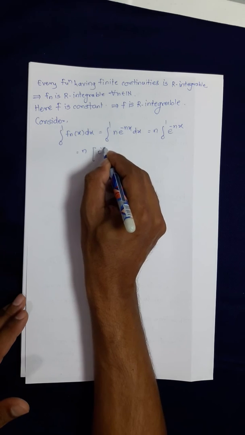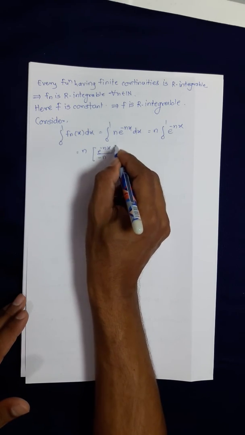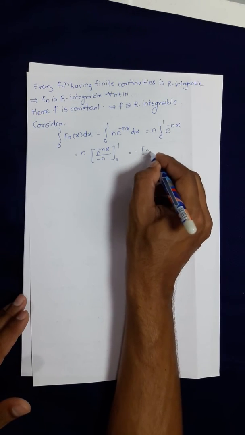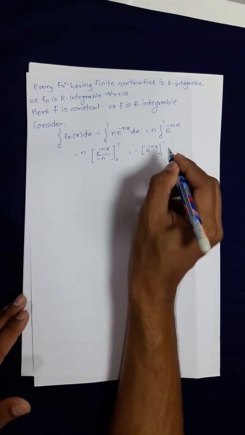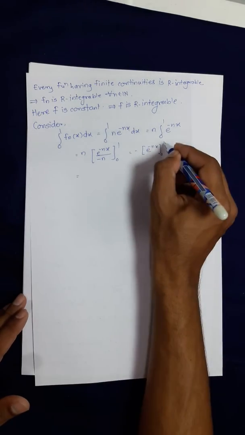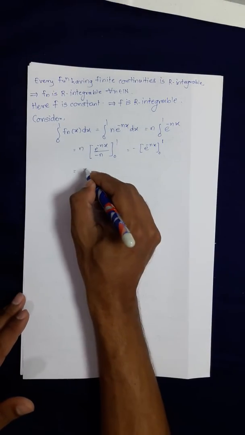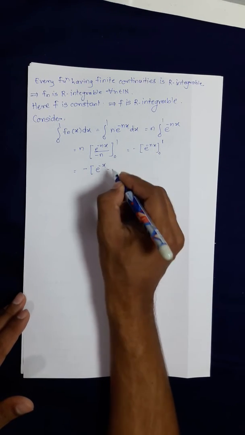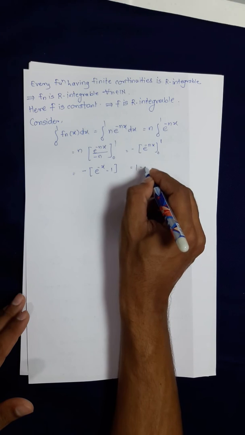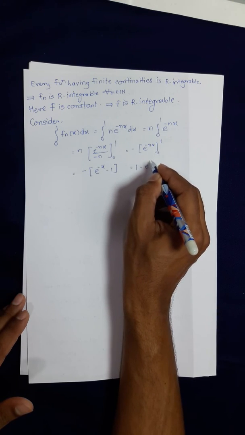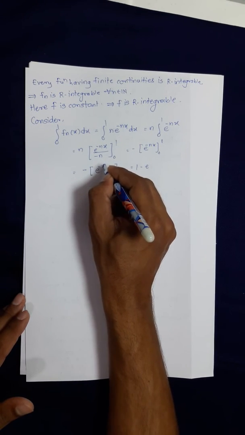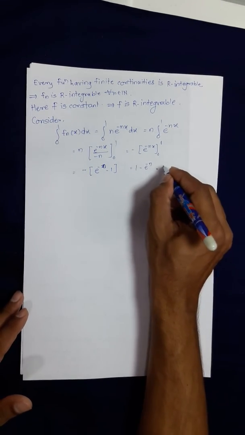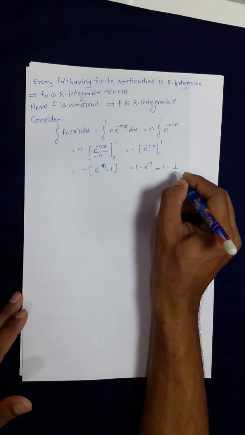Yes, e raised to minus nx upon minus n, from 0 to 1. n will get cancelled, minus will come outside. Let us put 1 first, so e raised to minus n. If you put 0, e raised to 0 is 1. So this is 1 minus e raised to minus n, which is equal to 1 minus 1 upon e raised to n.